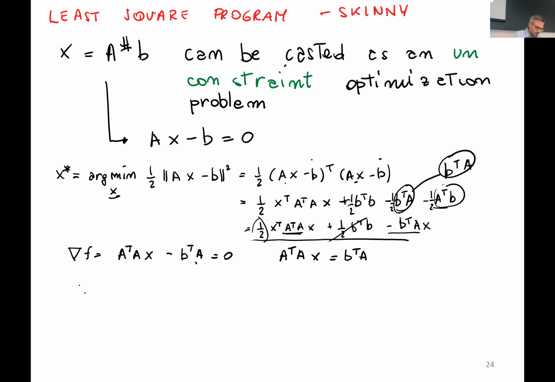And then we get the solution, which is A transpose A to the minus 1, A transpose B. And this is exactly what we said is a pseudo inverse or skinny matrix that minimizes the error.